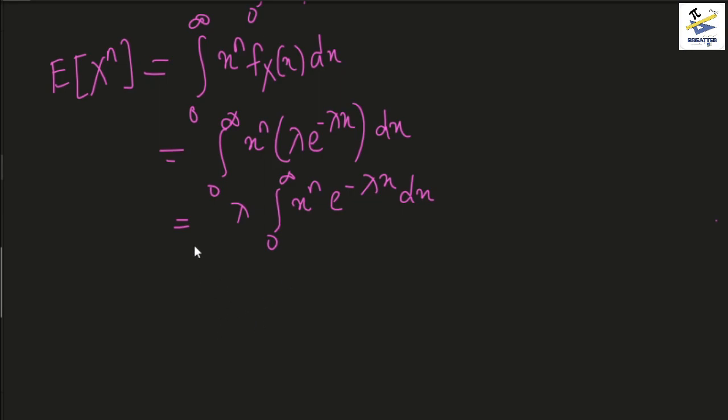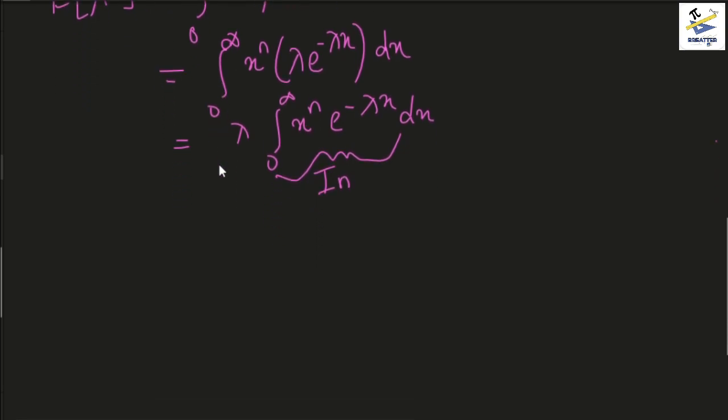As you can see, E of X to the power n is the integral from 0 to infinity of x to the power n f of x dx from this line. Then we put in the value of f of x, which is lambda times e to the power minus lambda x. As lambda is a constant, we can take the lambda outside and write lambda times the integral from 0 to infinity of e to the power minus lambda x times x to the power n dx. Now let us name this integral as I of n. So we just keep the lambda as a constant and we will try to find it in terms of n. Okay, so let's go.